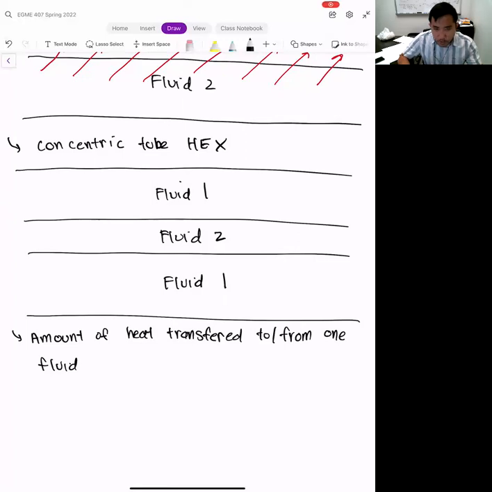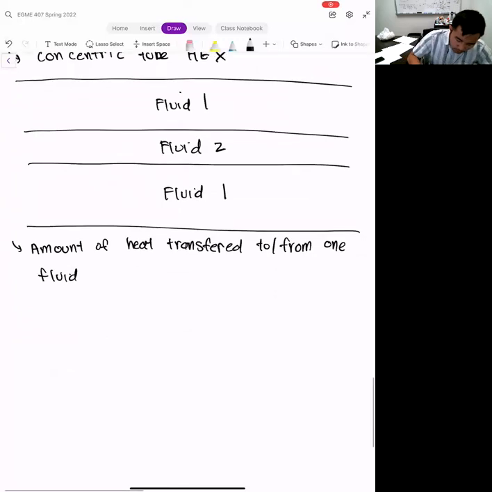And we can use the amount of change in fluid temperature that occurs in the heat exchanger to characterize the amount of heat that gets moved into and out of the fluid. And so the formula is the following.